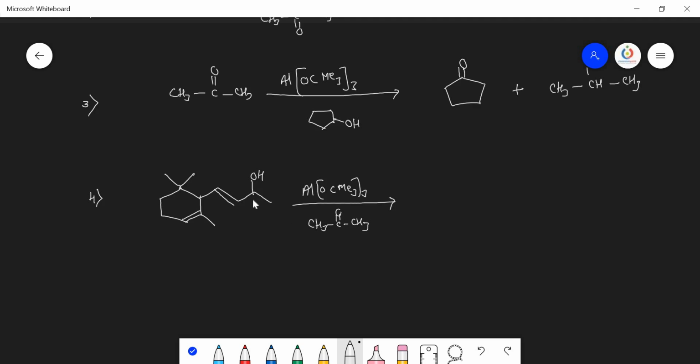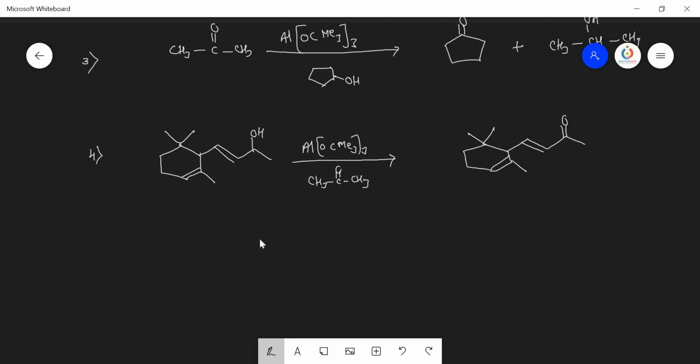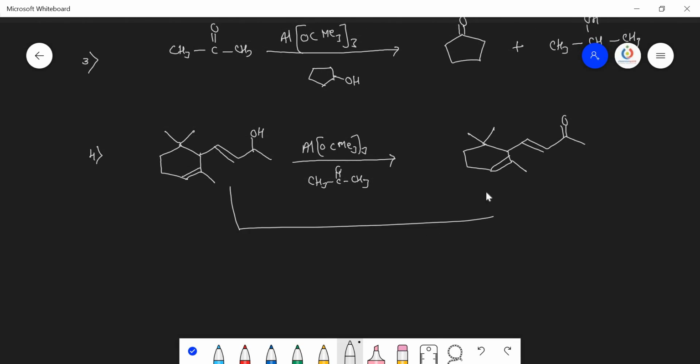So this shall be secondary alcohol, whether it is allylic alcohol, benzylic alcohol, whatever it may be, it must be a secondary alcohol. So secondary alcohol has to be oxidized to the ketone. Okay, and the same one specifically, if you want to convert the same compound to this one, we use one more oxidizing agent. You know that oxidizing agent MnO2, which specifically oxidizes the allylic alcohol to the respective carbonyl compounds.